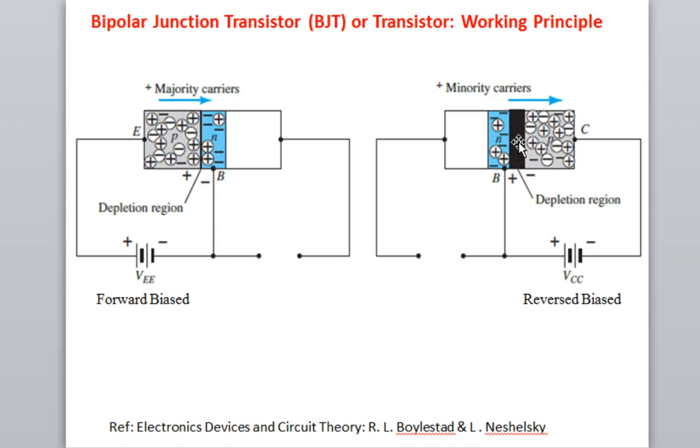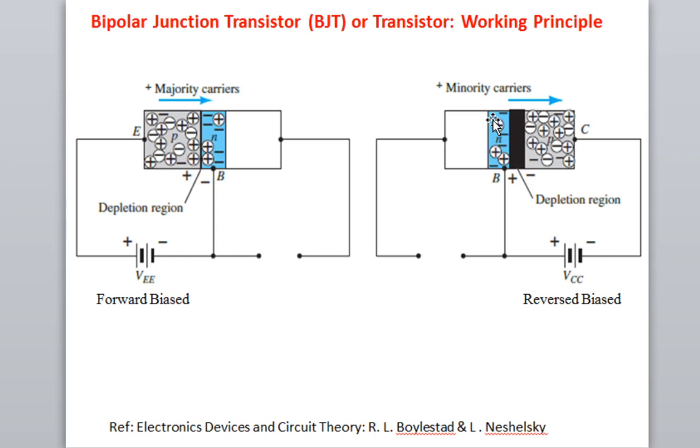When a PN junction diode is in reverse bias, we know that very little current flows, and whatever current flows is known as the reverse saturation current, which flows because of the minority charge carriers.